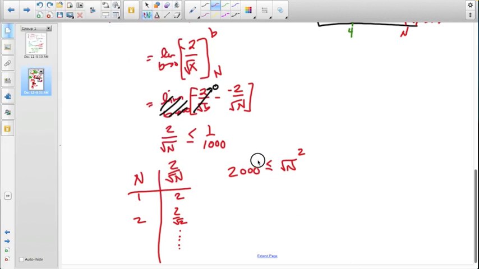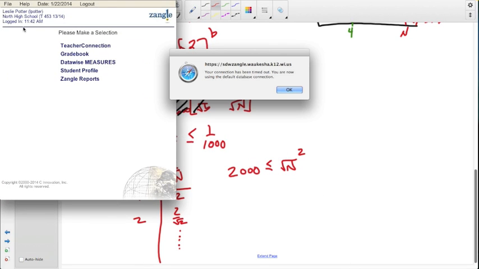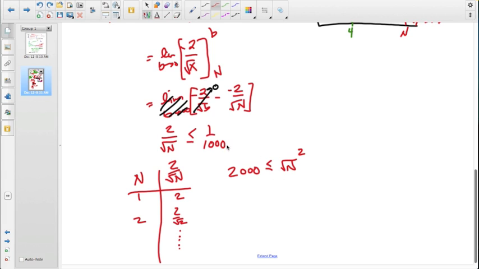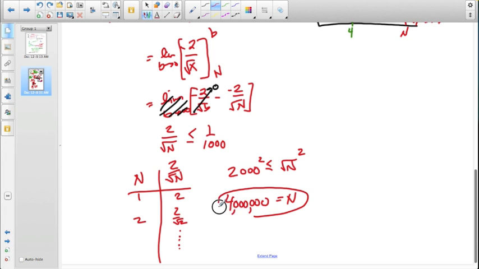Then we can square both sides. And if we square both sides, then we get n has to go out to 2,000 squared, which is 4 million terms. So we would have to add together 4 million terms to get an error of less than 1/1000th.